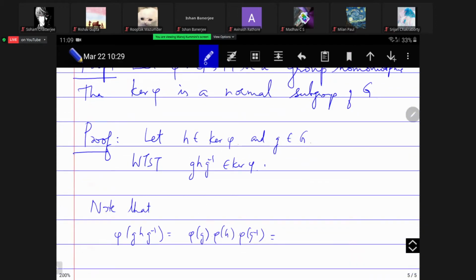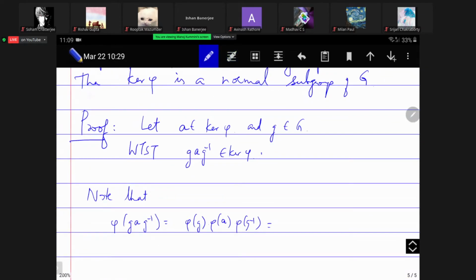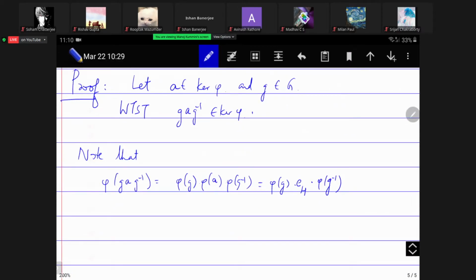Maybe H was not the best letter. If I use the letter H, it might appear that I'm discussing an element of capital H. I don't want to give that impression. Let's call this thing A. Phi of A is 1, the identity element of H. So we get phi of G times phi of G inverse.